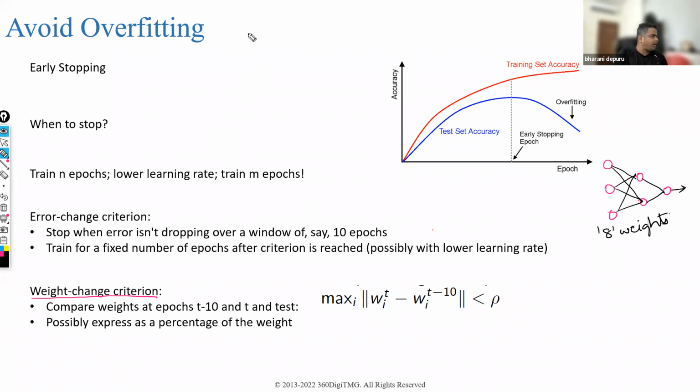Then again take 10 epochs: epoch 1, epoch 2, epoch 10, epoch 11, epoch 12, etc. And you have weights for each epoch. I'm not considering bias.